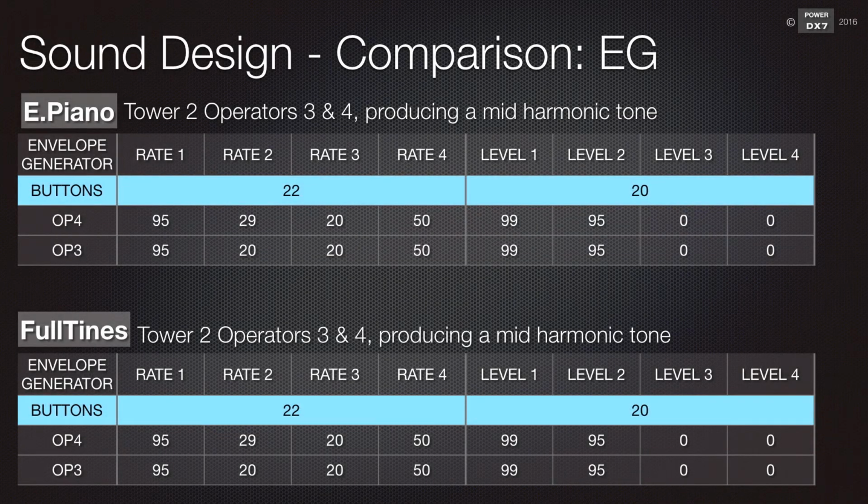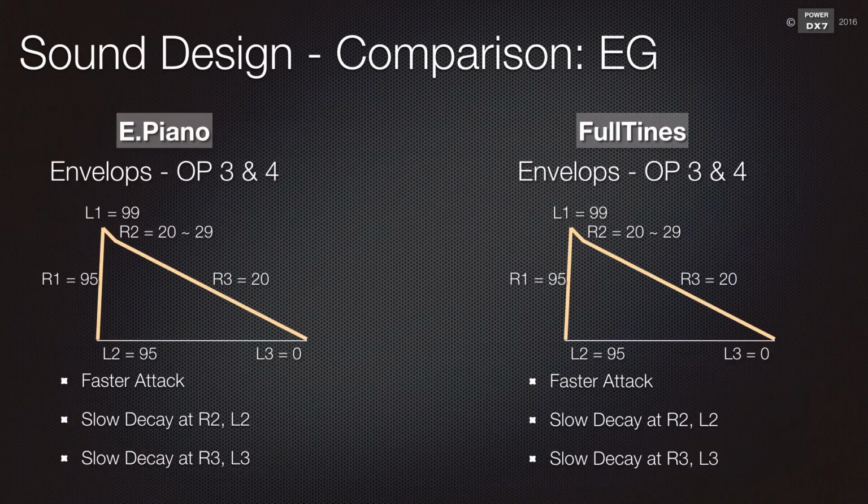For Tower 2, both patches have identical envelopes. Both have 2 decay type envelopes. They both have faster attack at maximum level. Both have slow decay at rate 2 with level 2 only slightly lower than level 1. This creates a slight attack tone.